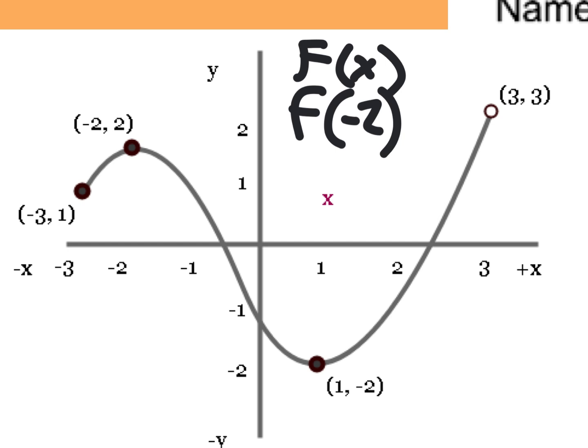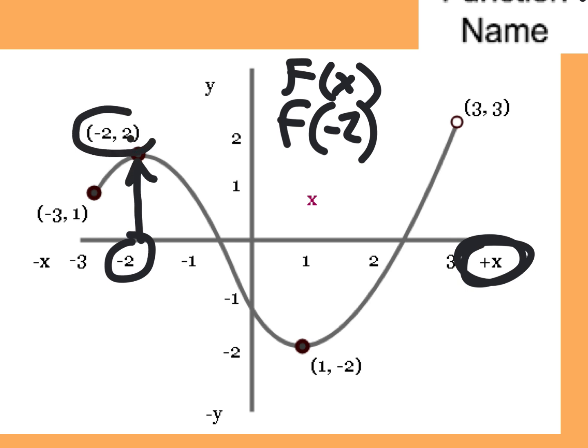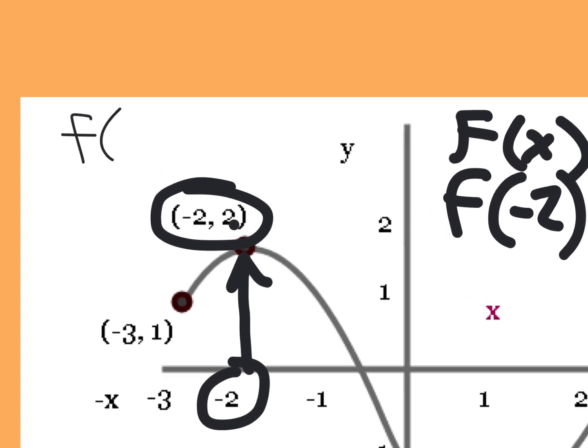And then you look on the graph for x is negative 2, and hopefully you remember that this is the x-axis. And so x is negative 2 is right there. You follow it to the graph, and you get this point right here. And remember, every point like that means that f of negative 2 is 2. See, this goes for the x, and this is the y.